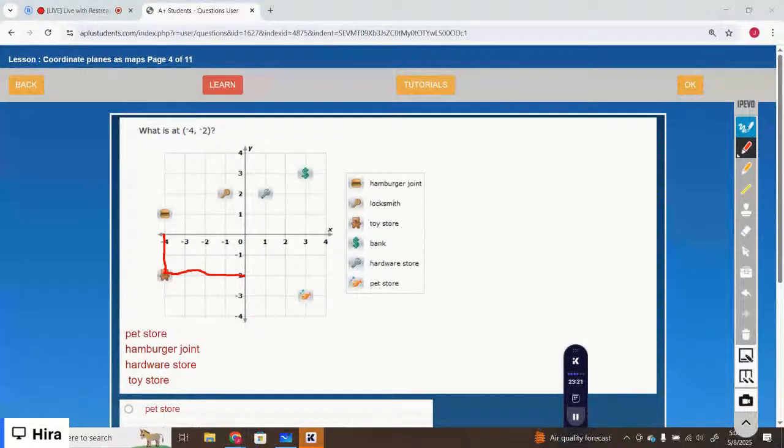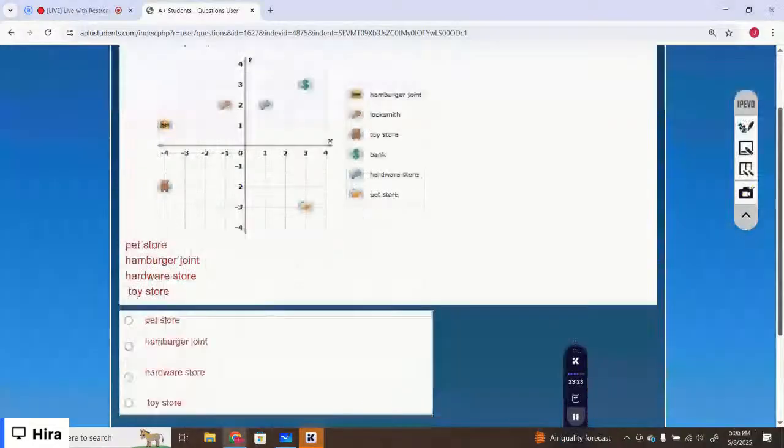That is a toy store. Option number 4 is the correct option. Toy store it is.